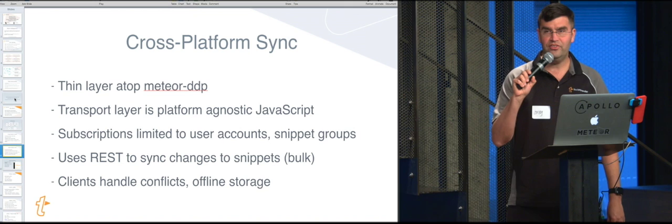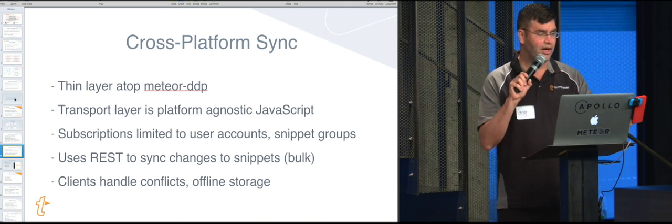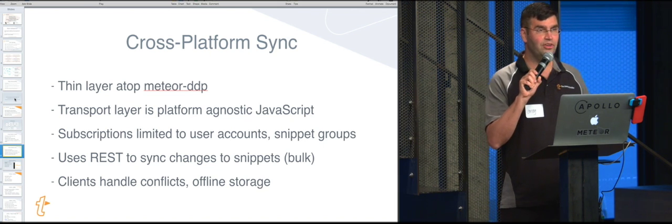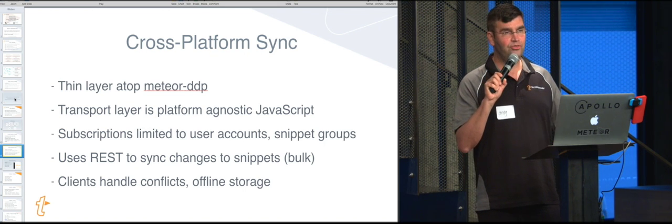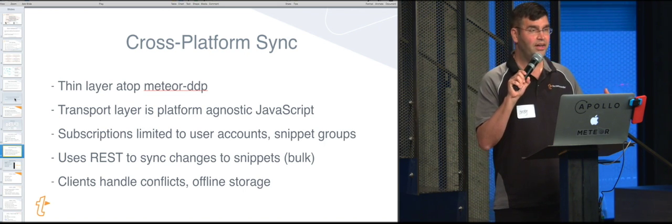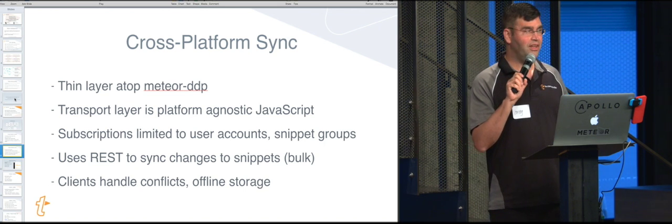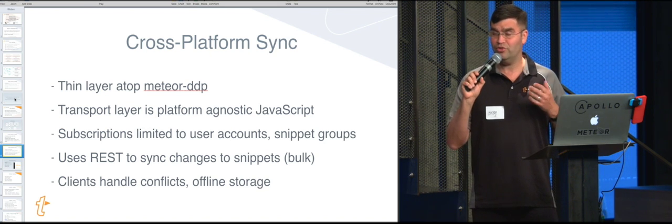And then our clients handle conflicts, and they also handle offline storage. In the case of the Windows client, that actually debuted and still at the moment does not have offline storage. So you launch the Windows client, you sign in, and it acquires your snippets. And so this is really a testament to Meteor and Galaxy that it performs perfectly well online, which is really fantastic.